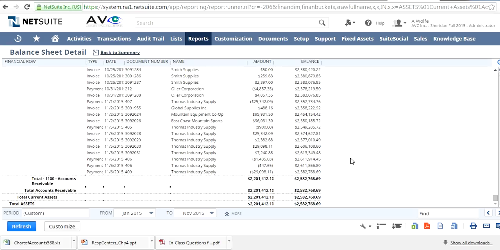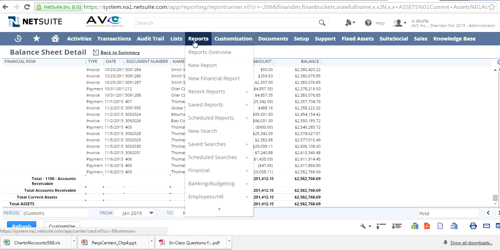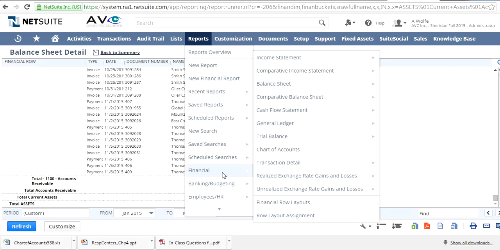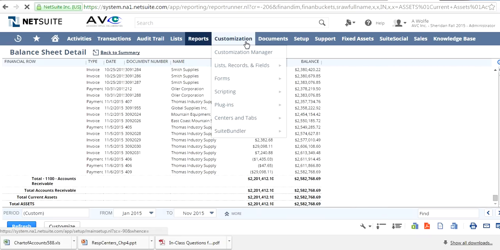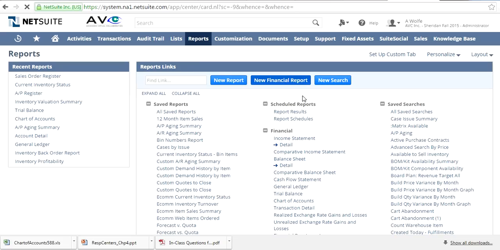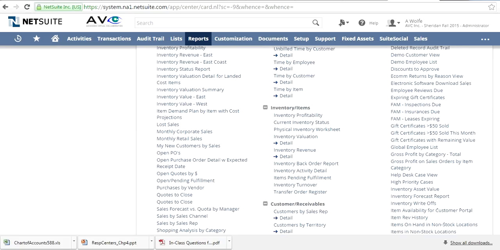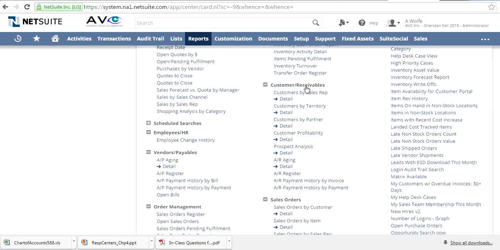Okay, so now what happens if I download only my outstanding accounts receivable report? So let's see if I can find one. Let's go to my reports overview, and I go to customers. Okay, and I say get me an AR aging.